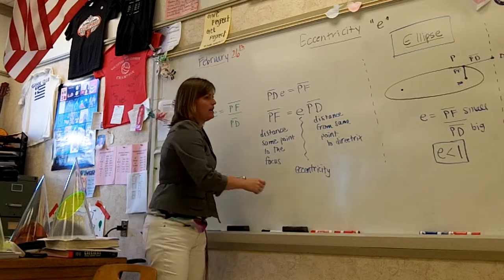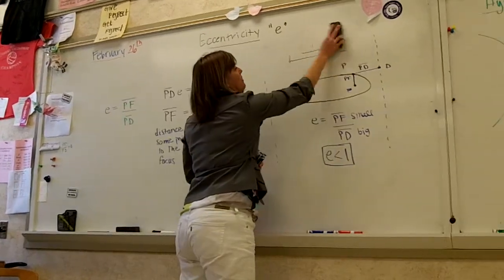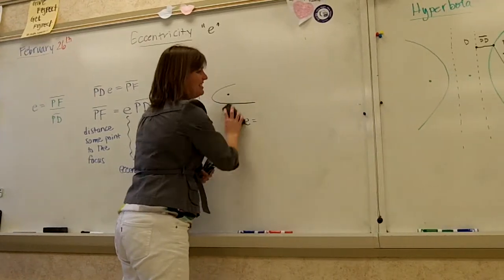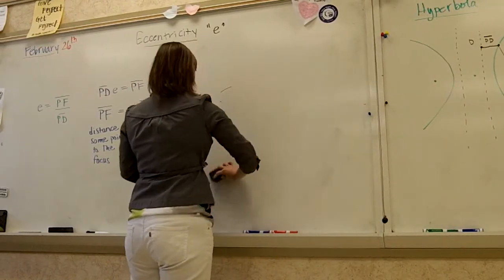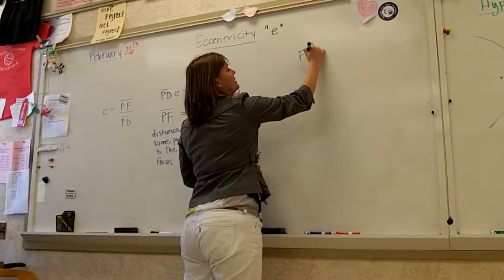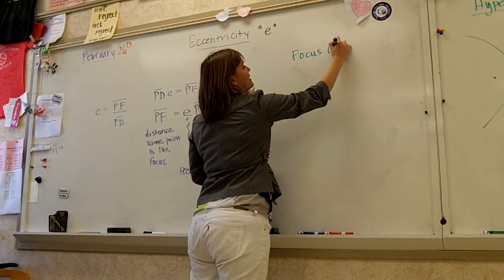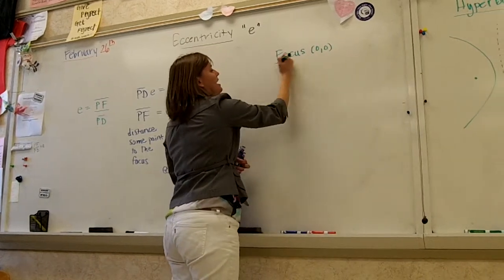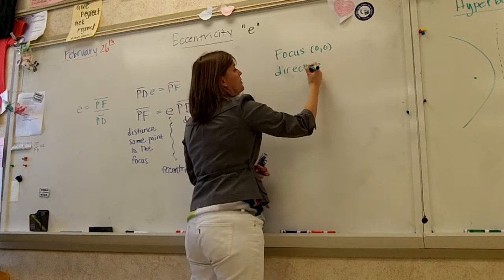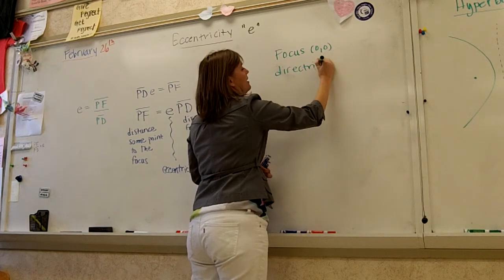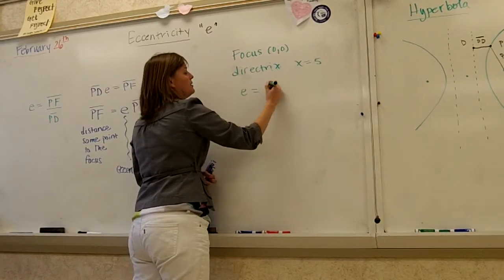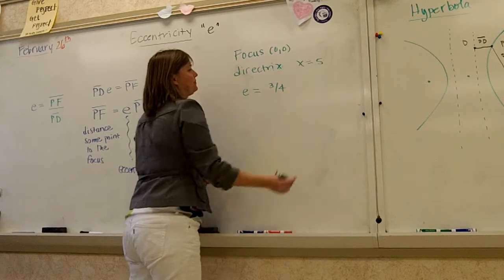So let's try one. Let's do an example that's kind of straightforward first, and let's start with the focus at the origin. When anything's at the origin, it always makes it so much easier. Okay, so let's say your focus is at 0, 0, and let's say your directrix, one of them, is at x equals 5, and let's say e is equal to 3/4.